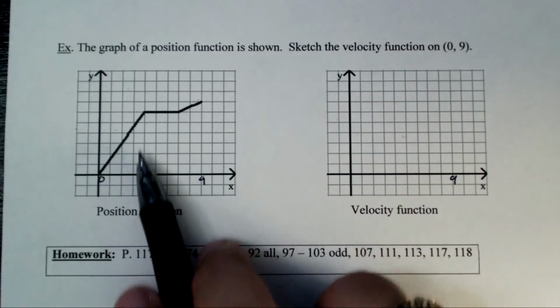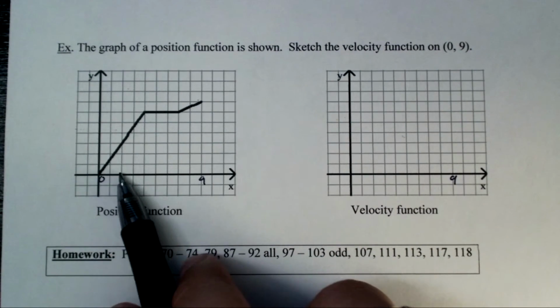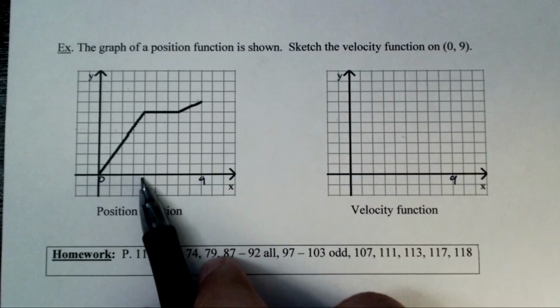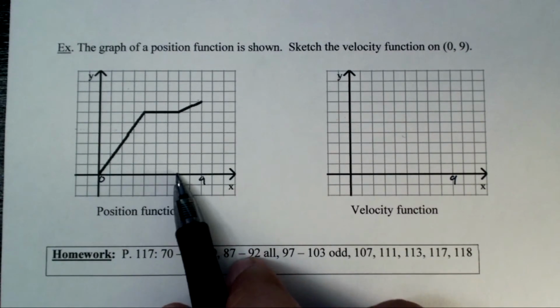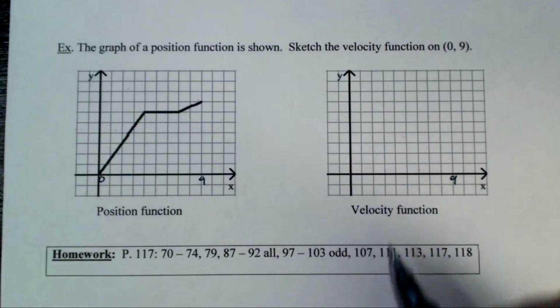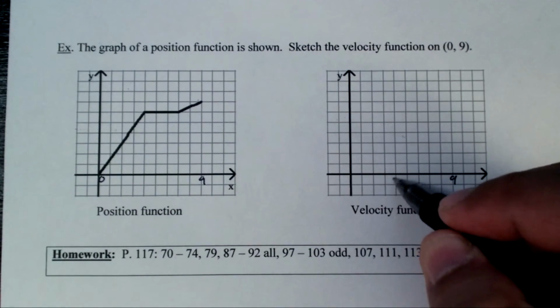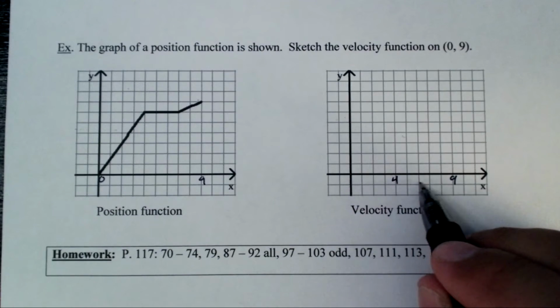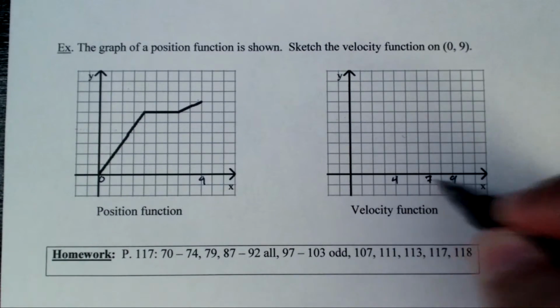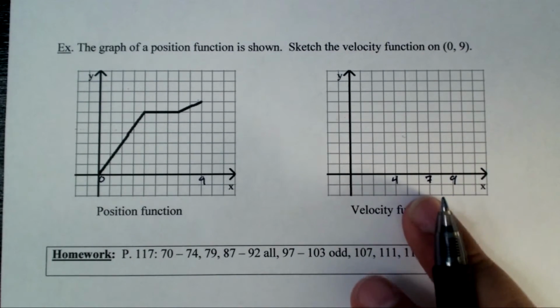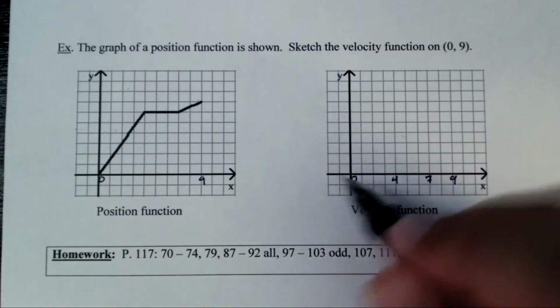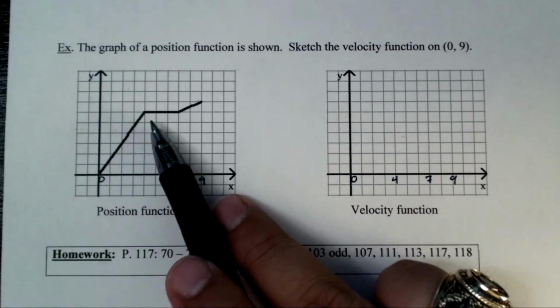Particularly at 1, 2, 3, 4, and 5, 6, 7. We're going to need to label 4 and 7. 1, 2, 3, 4. And then 5, 6, 7. And why are these points so important? Well, they're important because that's where our slopes change, right?